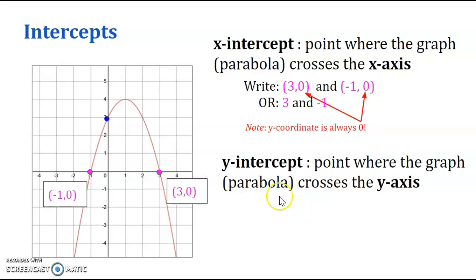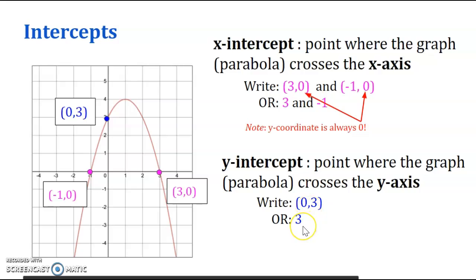Similarly, for y-intercept, where the graph crosses the y-axis is right there, 0, 3, and you write it 0, 3 in parentheses in coordinate form, or you can just give the y value, which is 3. Similar to previously, the x coordinate is always going to be 0 for the y-intercept. So y-intercept will always have the x coordinate 0.